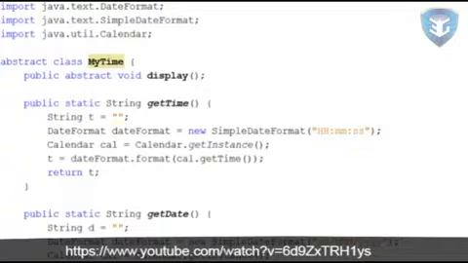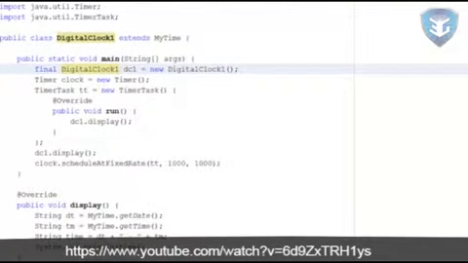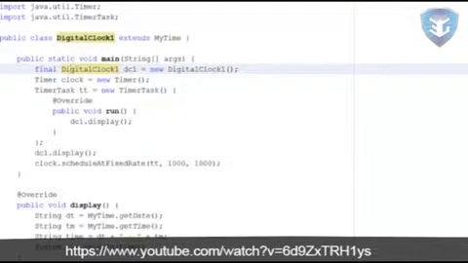Let's have a look at how it's implemented. For that, we're going to create a little digital clock. Here in the digital clock program, I'm going to create the program, public class DigitalClock, and I'm going to extend MyTime. In other words, I'm going to inherit all the methods and all the variables from MyTime. Now MyTime doesn't have any variables, so that's okay.